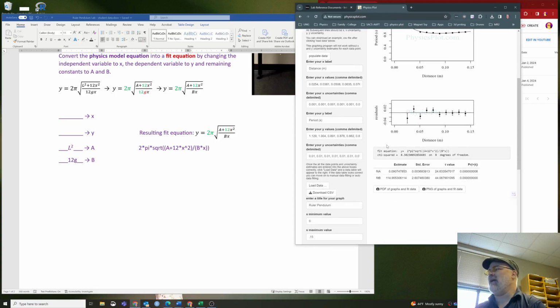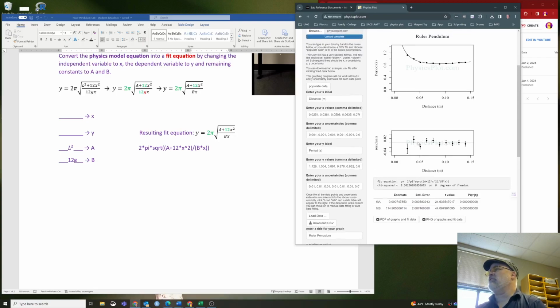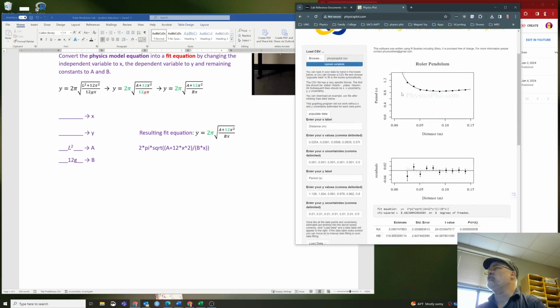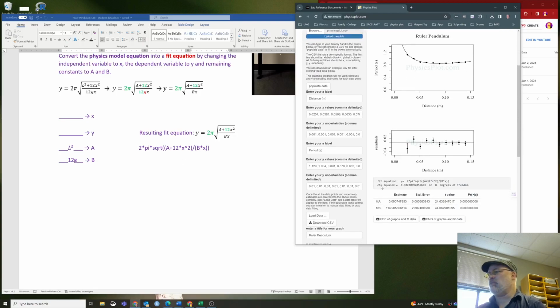And what it'll do now is it'll tell us what values those are. Okay, so it tells us what values those are, what it thinks A should be, and what it thinks B should be. It also tells us the uncertainty in A and the uncertainty in B.